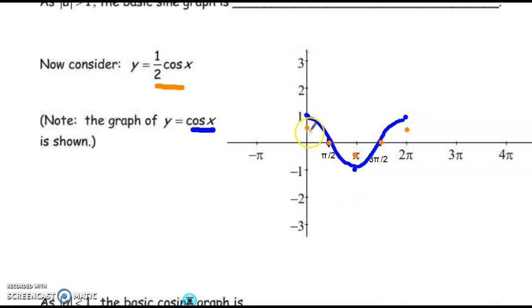So it's kind of like somebody stepped on it, and let me change the size of my writing utensil. It's like somebody squished the graph. I'll go slowly so I can make it super pretty, smooth, rounded curves. There you go. So it doesn't go all the way up to 1, it only goes to a 1/2.